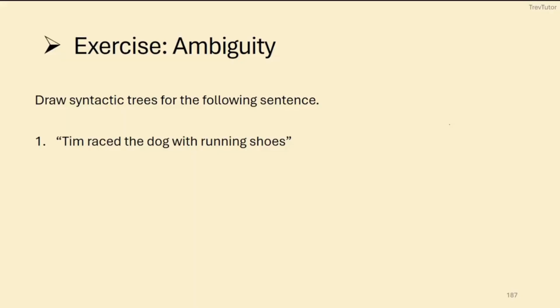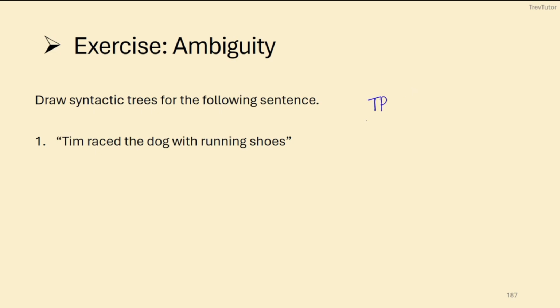So let's try one syntactic tree that shows both of their different options. "Tim raced the dog with running shoes." Now what I'm going to do is draw a single structure that does not have "with running shoes" in it. So we're just going to start with "Tim raced the dog."